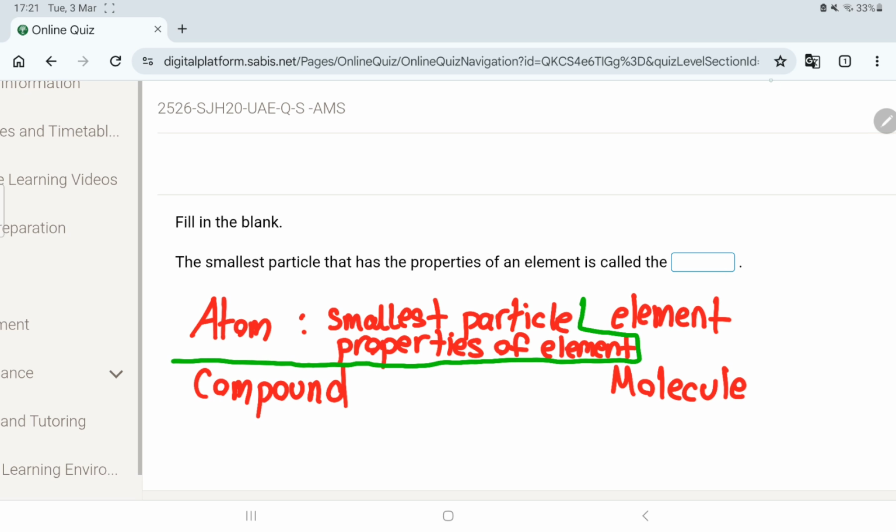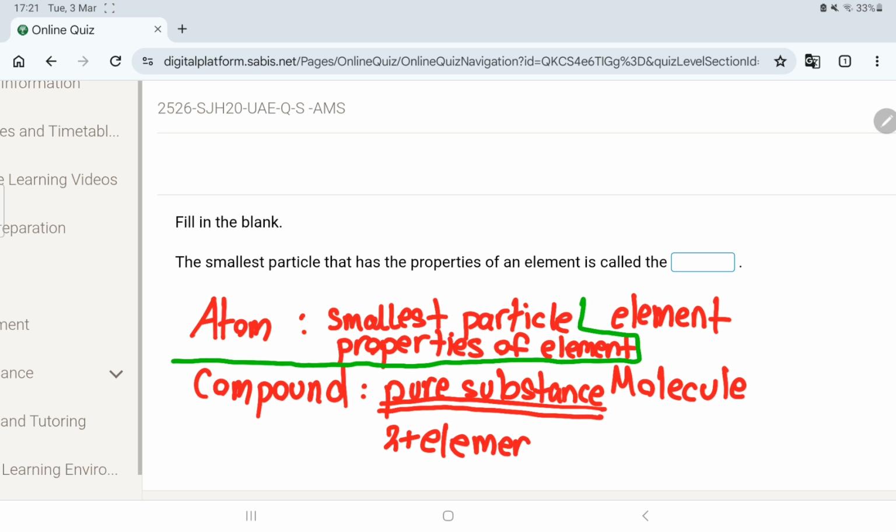Now what's a compound? A compound is a pure substance with two or more, oh by the way, highlight this part, it's important. It's a pure substance with two or more elements. So when you see two or more elements and a pure substance, these two are for compound.